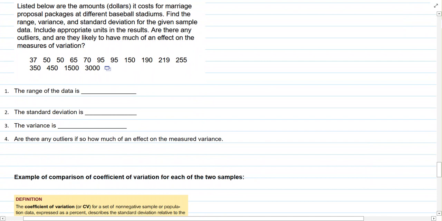Okay, we're going to do another one. Listed below are the amounts in dollars it costs for a marriage proposal package at different baseball stadiums. Find the range.